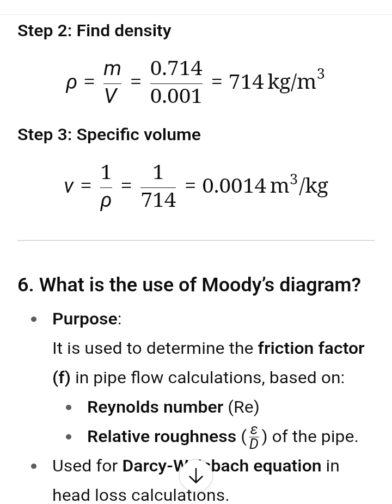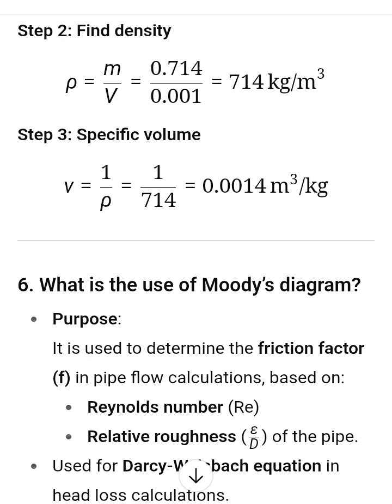So 0.714 divided by 0.001, rho equals 714 kilogram per meter cube. Specific volume v equals 1 divided by rho, 1 divided by 714, equals 0.0014 meter cube per kilogram.